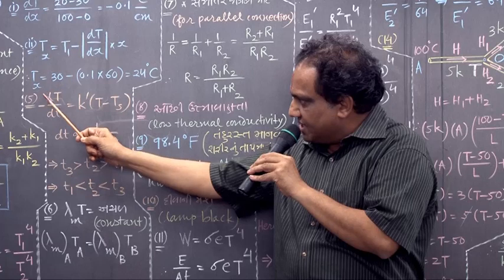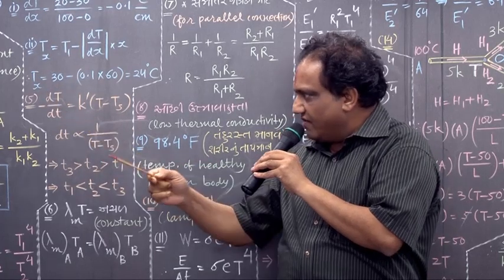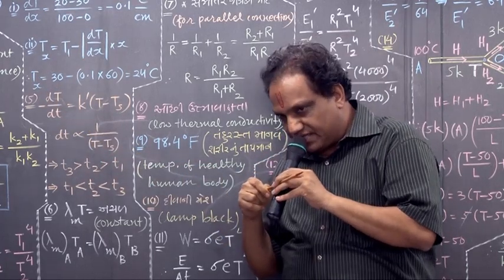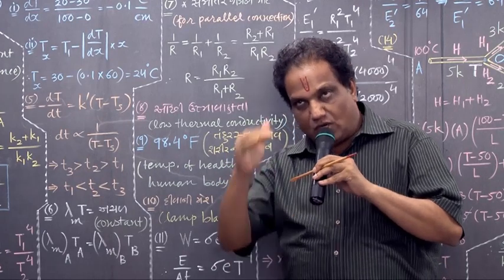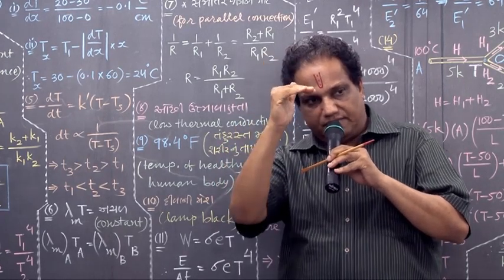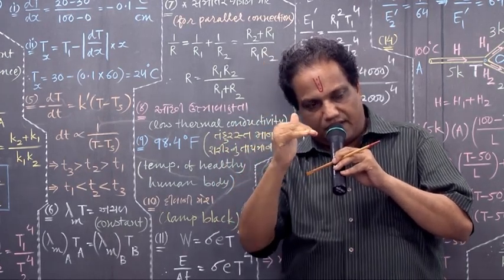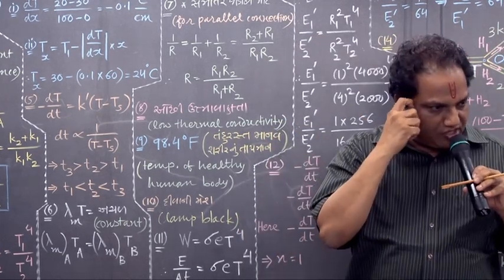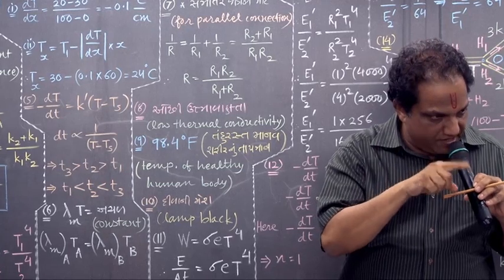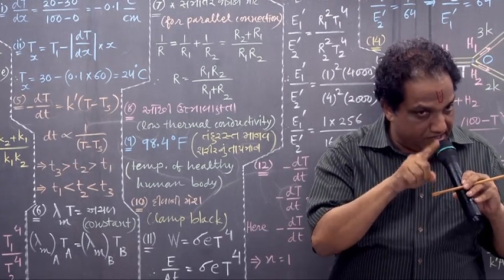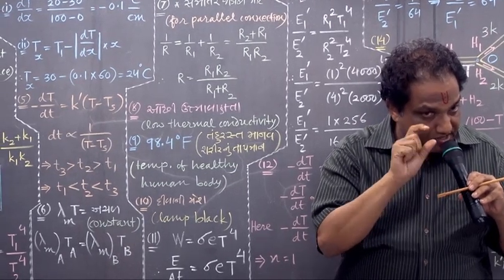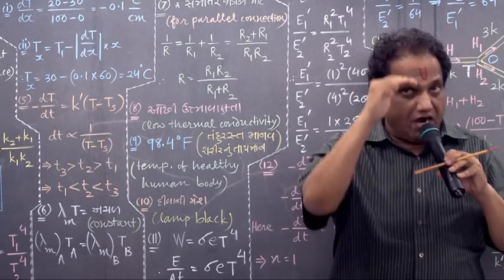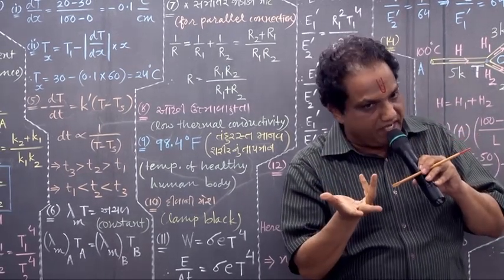Now the decrease in temperature in different time intervals is given: 100 to 90, 90 to 80, 80 to 70. The decrease in temperature of the cooling body is the same in each stage, 10 degrees centigrade.